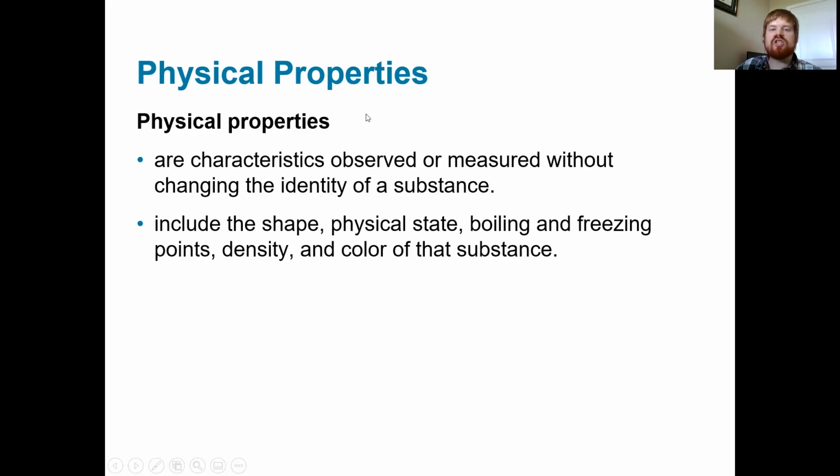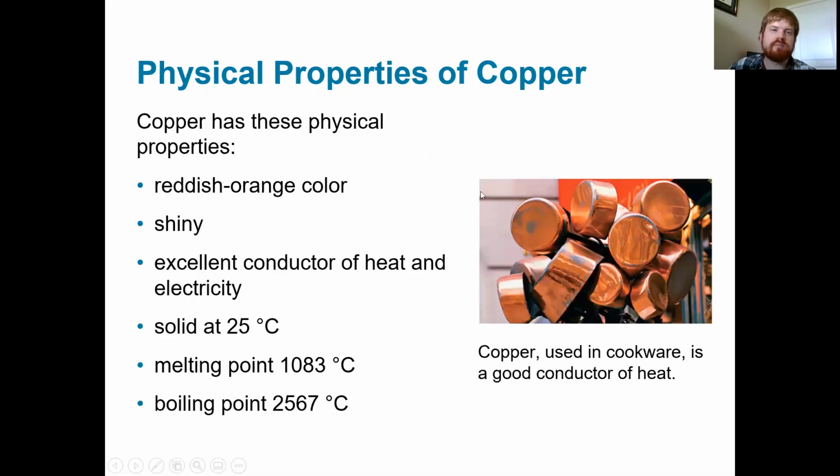These are things like the shape, the physical state, the boiling point or the freezing point, because remember, the identity of a substance isn't going to change when it boils. Water is still water, whether it's ice, liquid water, or water vapor. It's still just H2O. Density and the color of a substance are also examples of physical properties, as well as measuring the temperature. Anything that you can observe, basically.